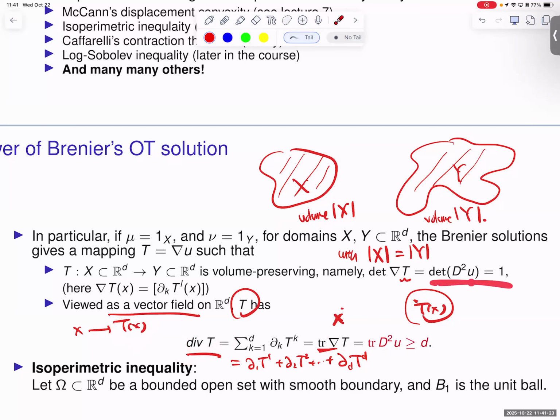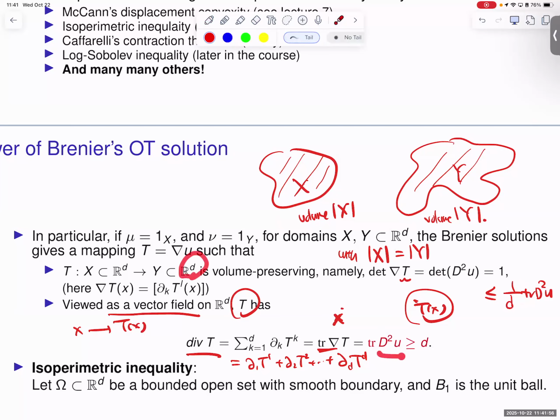But we know that this is a geometric average, and this geometric average is less than or equal to the arithmetic average, which is 1 over d times the trace of the Hessian of u. Because of this, the trace of the Hessian of u is bigger than or equal to d, where d is the dimension.